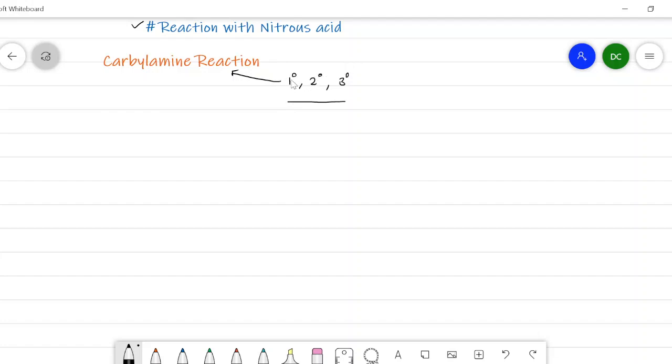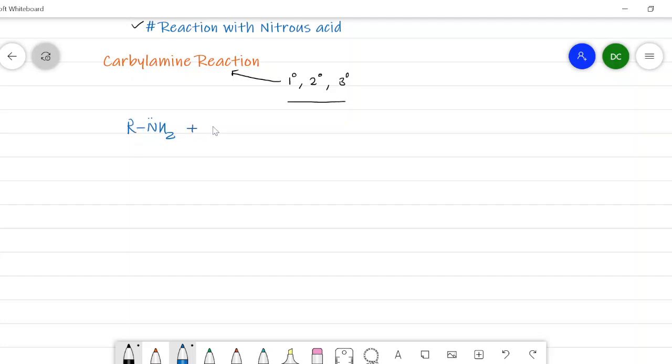This primary amine, it may be a aromatic one or a aliphatic one. They show carbylamine reaction. Now we will see the general reaction where I will put here RNH2. It is a primary amine. It may be a aliphatic or aromatic.